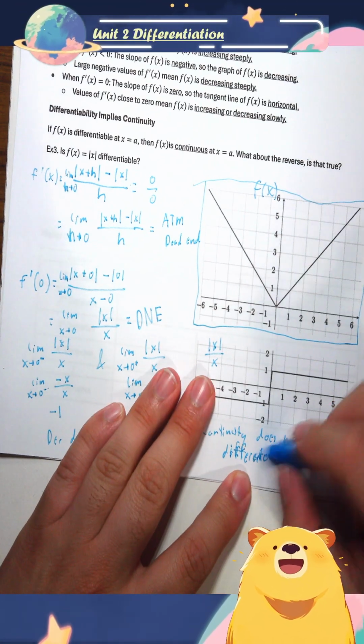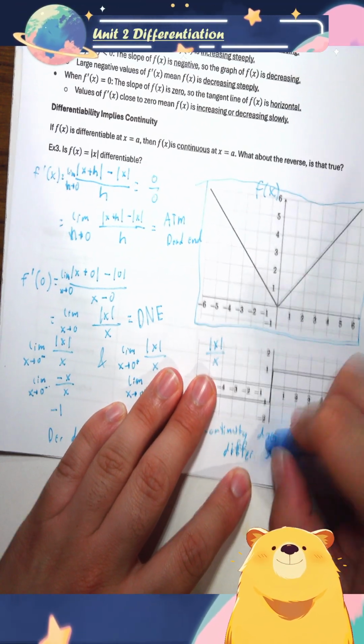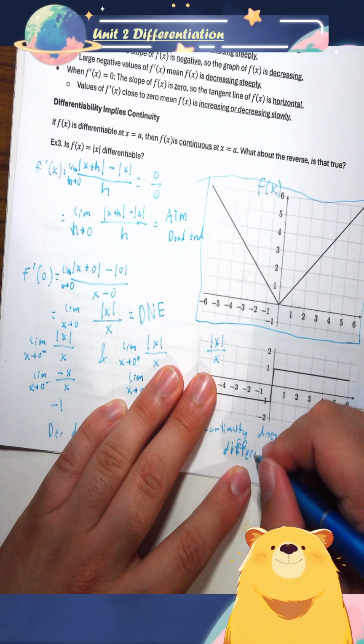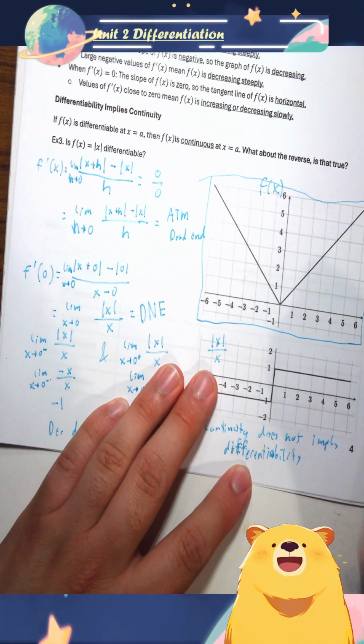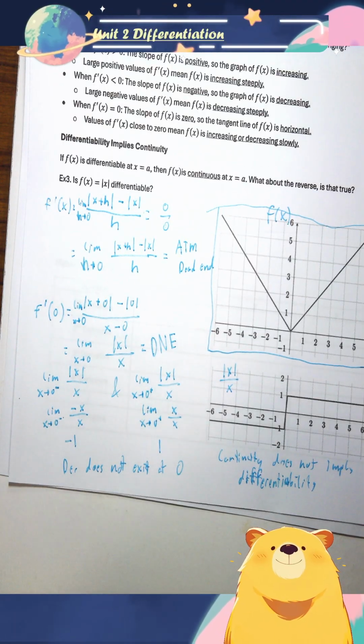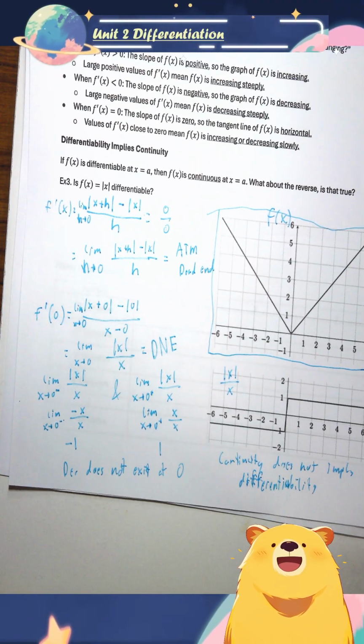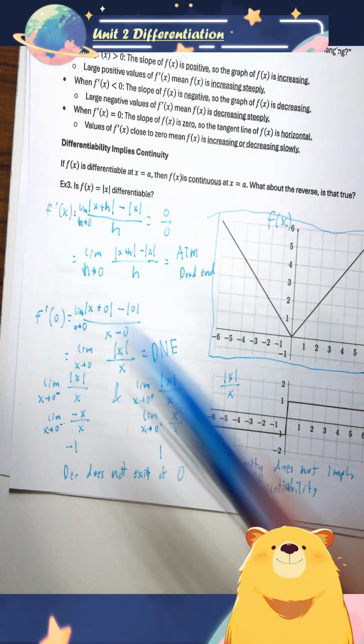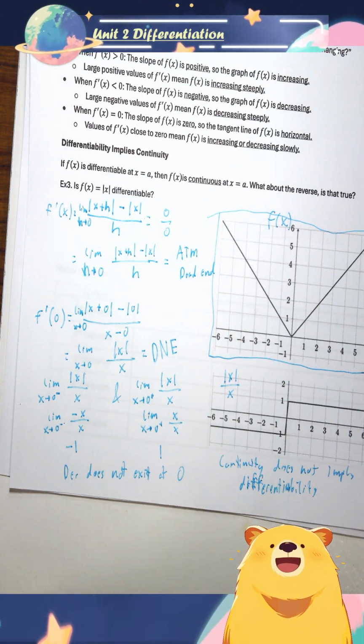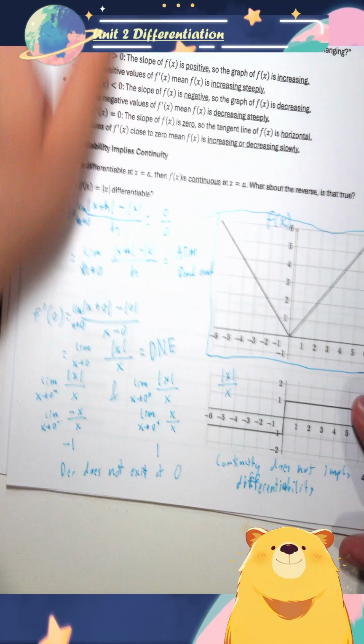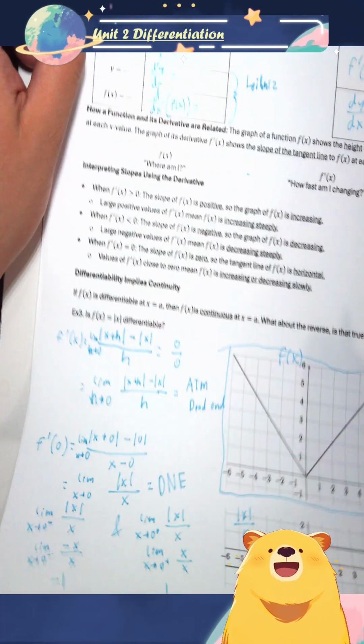Oh, there's an A. Okay, all right. To spoiler alert it a little bit, this does have a derivative, but at the moment, that's not the point of the lesson. We'll talk about it later, but that's not the point of the lesson.